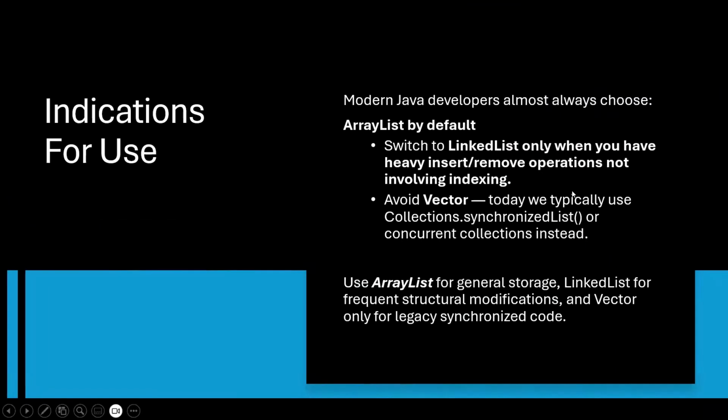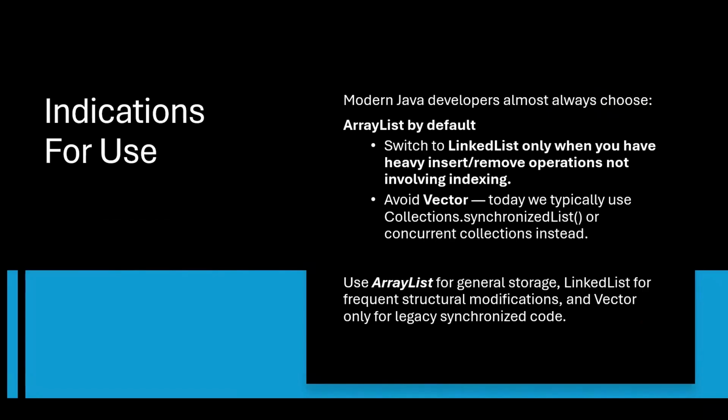So this comes to indications for use. As I already mentioned, modern Java developers almost always choose ArrayList by default. You switch to a LinkedList when you have heavy insert and remove operations that do not involve indexing. So if you're primarily doing operations and not indexing, which is very rare, then that's when you would use a LinkedList.